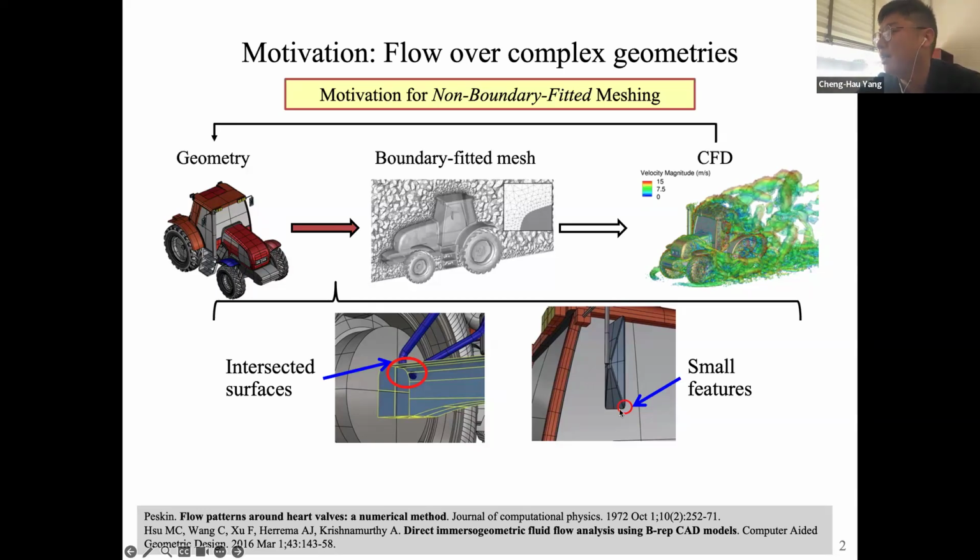The other thing is that we may face small features of the geometry shape, which needs lots of human effort in creating the mesh around them. And sometimes after we perform the simulation, based on the simulation result like the drag coefficient, we need to go back and redesign our geometry. Then we go over this procedure again to create a mesh. It will be very time consuming.